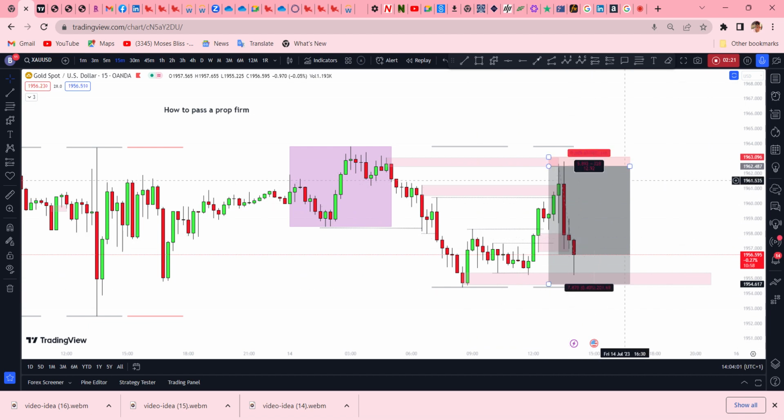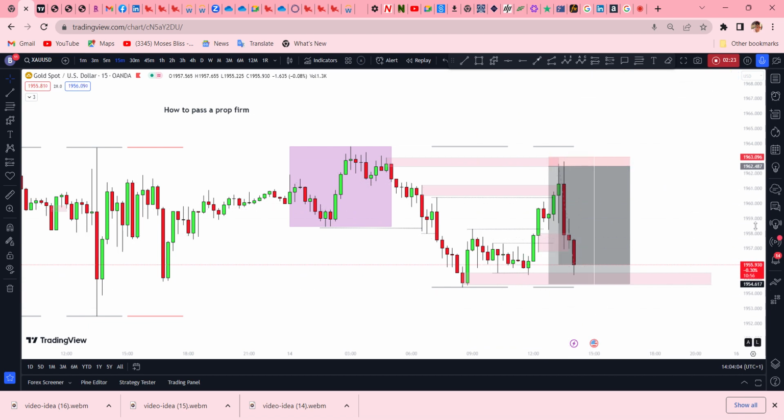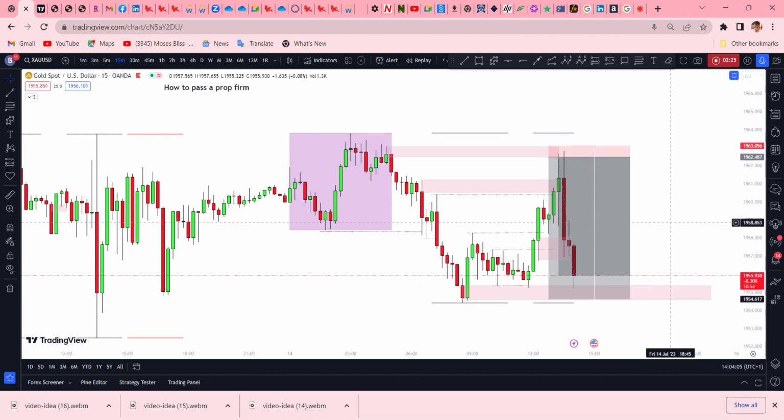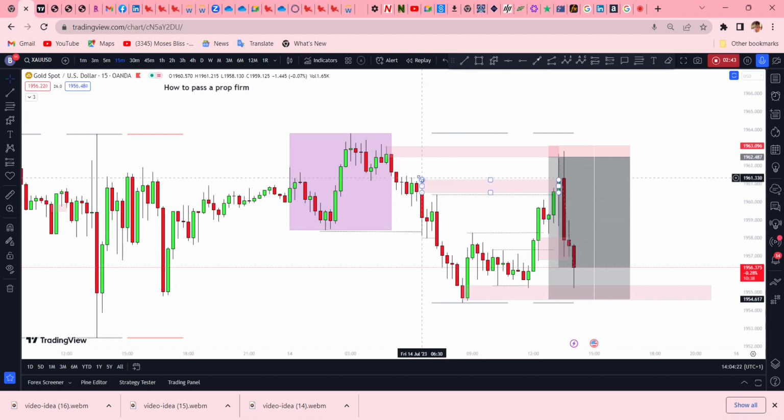So basically, like I said, I mark out my supply and demand. I know the direction of this market. So three things: mark out my structure, my liquidity, where is liquidity and how is it going to be taken out, and then I get my entry. So now, how did I get to this point?